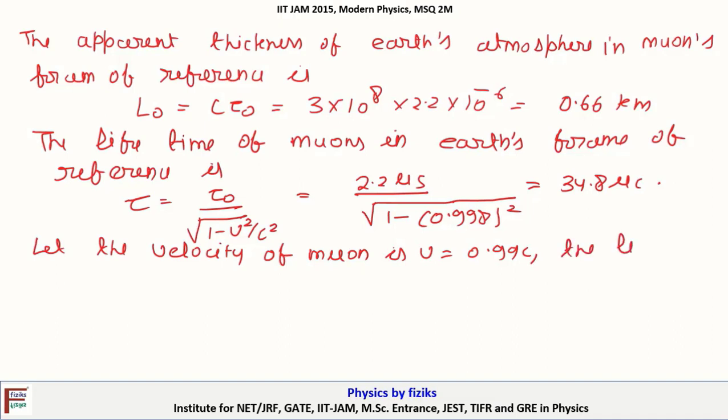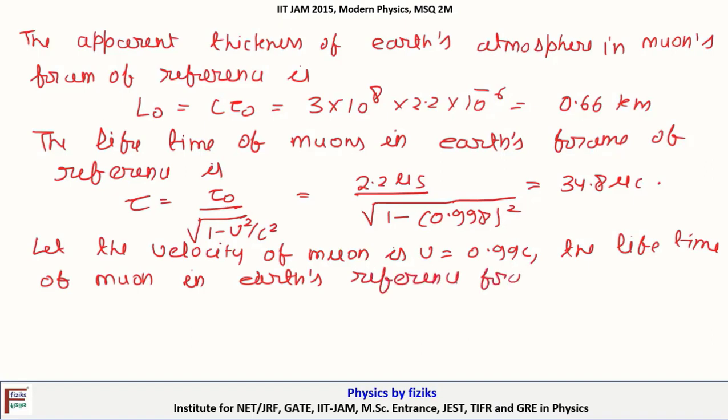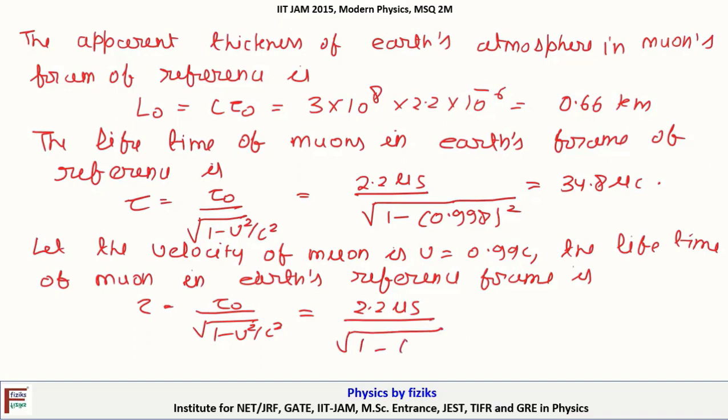The lifetime of the muon in Earth's reference frame is tau equals tau naught divided by root of 1 minus v square by c square, which is 2.2 microseconds divided by root of 1 minus 0.999 square, equal to 49.2 microseconds.